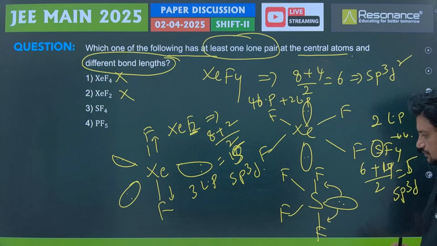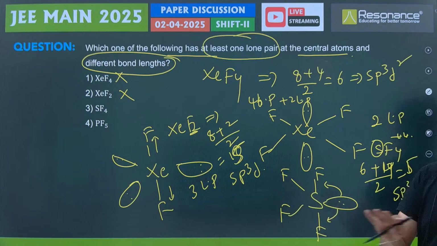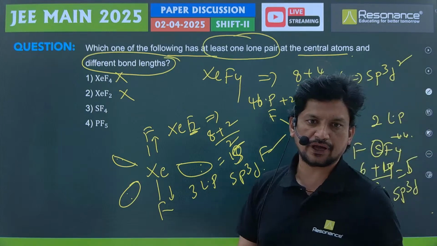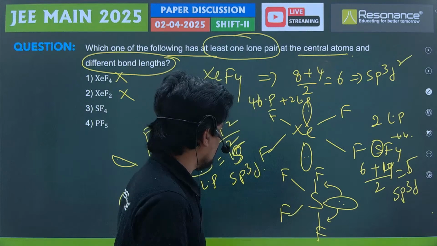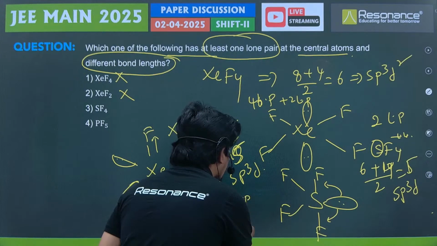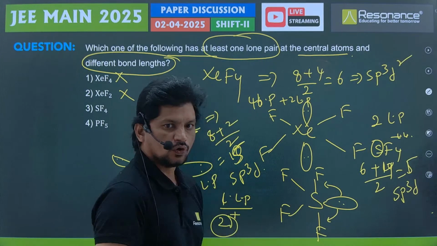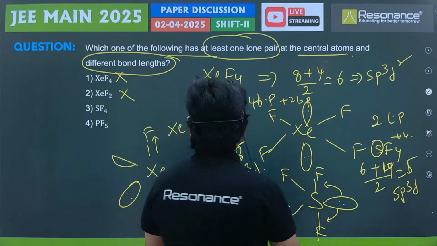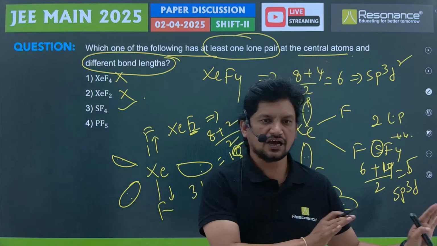In this molecule, 1 lone pair is there, plus 2 different bond lengths are there. It satisfies the question. SF4 satisfies the question. It might be the answer.